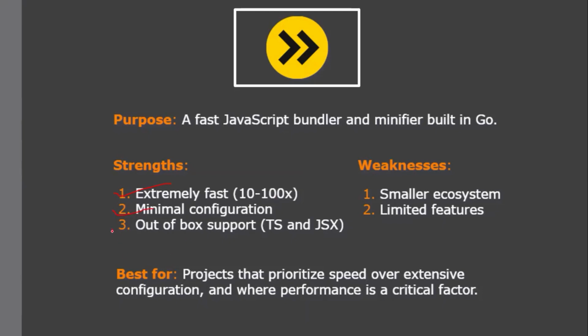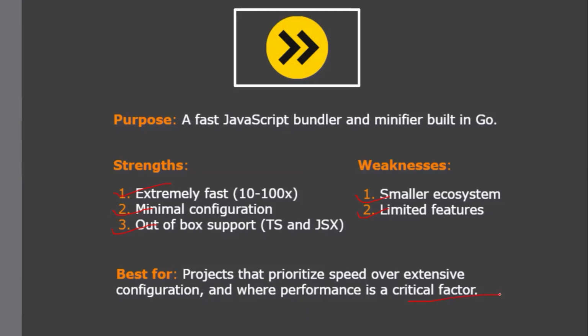It provides out-of-the-box support for TypeScript and JSX. When we talk about the weaknesses, it has a smaller ecosystem and limited features because it is a very new module bundler as compared to Vite, Parcel, or Webpack. Then this is best for projects that prioritize speed over extensive configuration and where performance is a critical factor.